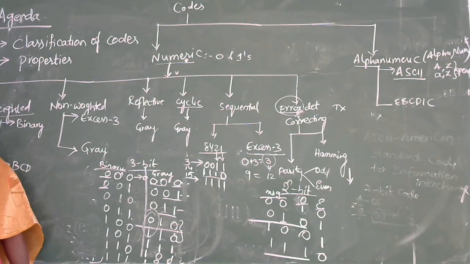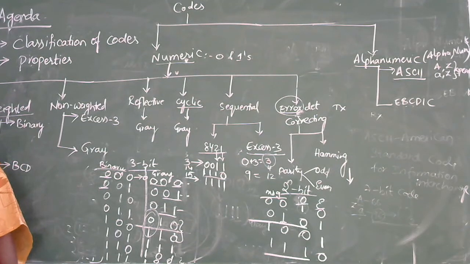These codes are used to find out where the error is present, and once we find it, we can correct that error. Examples of error detection and correction codes are parity as well as Hamming code. And all these are about the numeric codes.